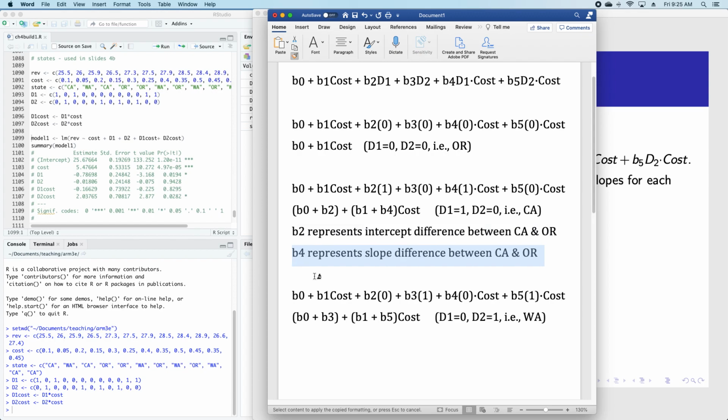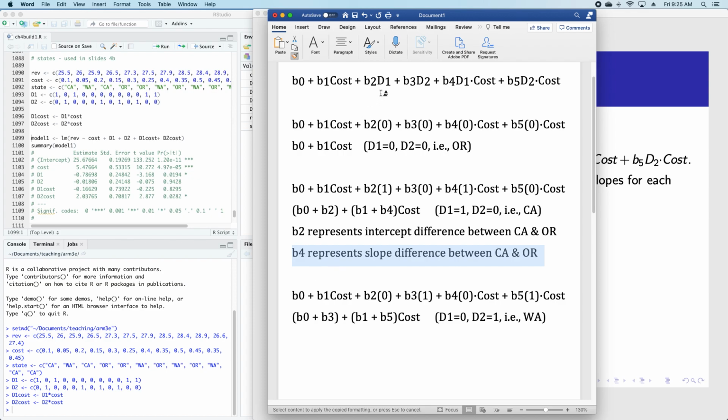Okay, so we talked about this in the previous videos where we were looking at two levels. Now it's the same kind of phenomenon, only there's a little bit more going on, so we have to pay very close attention to what's going on.